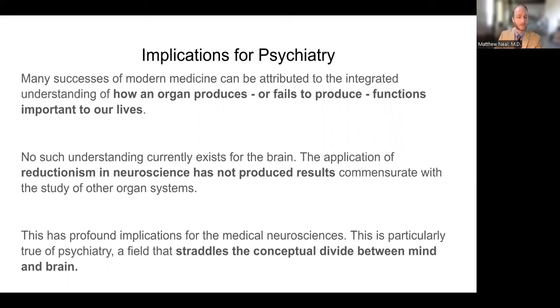Reductionism hasn't really delivered for neuroscience in the way that it has for other areas of medicine. And this has big implications for medical neuroscience, especially psychiatry, in large part because our field straddles this conceptual divide between the mind and the brain, this mind-brain problem, Cartesian dualism.